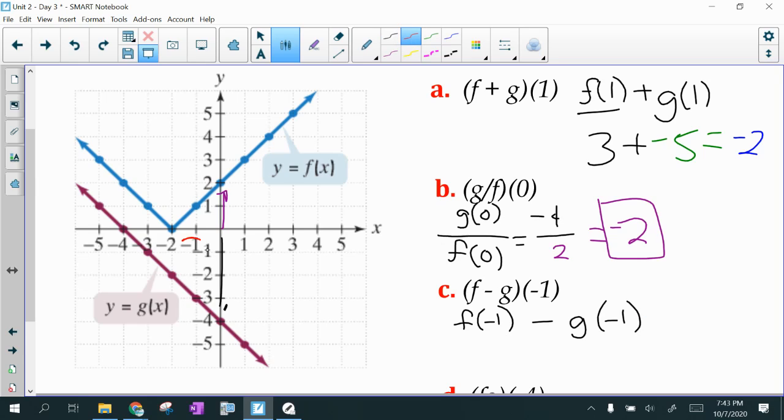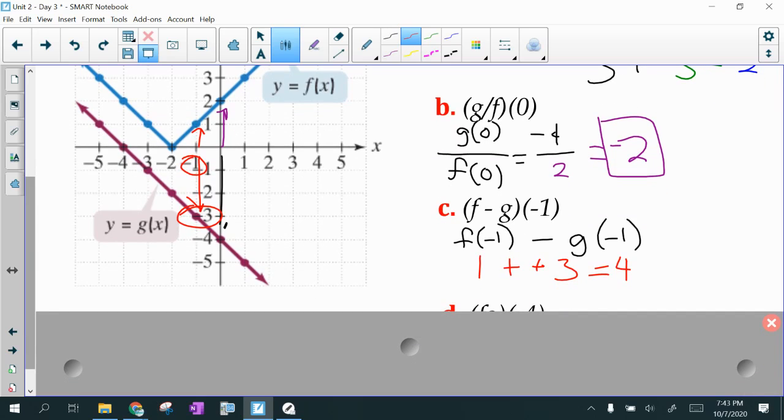Well, here's my negative 1. What is the corresponding y coordinate? I'm going to say that's 1, minus what is g of negative 1. So I'm going to go down below, and that looks like it's at negative 3. So minus a negative 3. 1 minus a negative 3 is going to get me 4, and I'm done with that part.